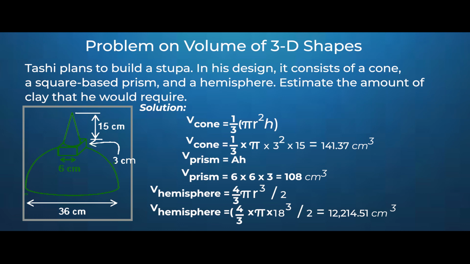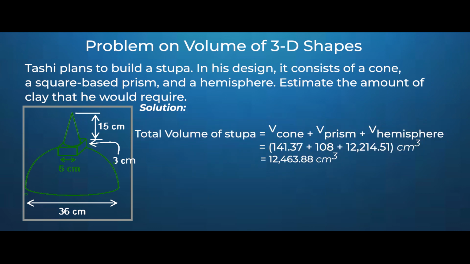We know the diameter, so the radius would be 18. Half of 36 is 18. So the volume of the hemisphere would be 4/3 times pi times 18 cube divided by 2, which we get as 12,214.51 centimeter cube.